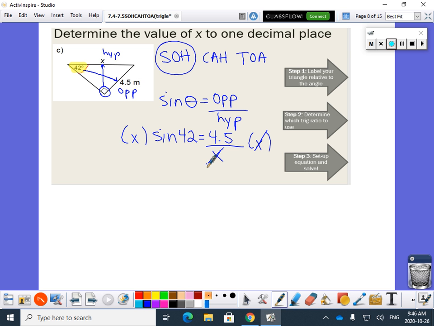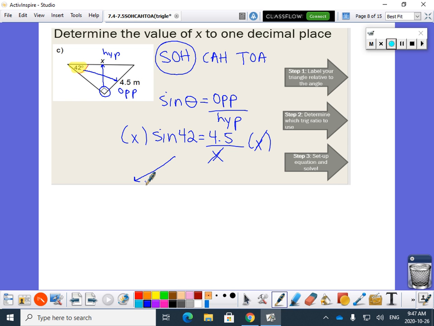Now, I'm just going to come this way, and it's similar to what I showed you on the last slide. You can put sine 42 into a decimal if you like that better, because I feel like we're used to seeing numbers instead of something like this. So if you prefer that, you can do that.